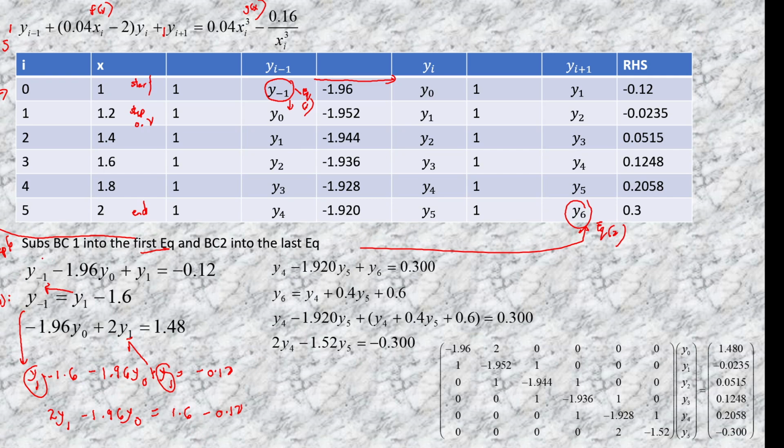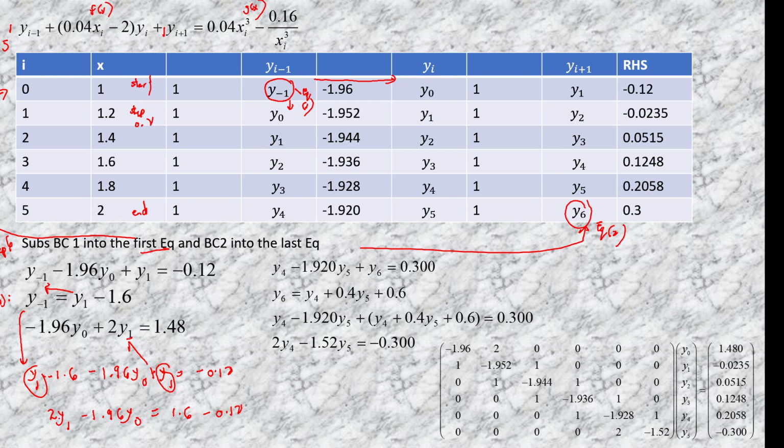From equation 1 in the table, you have 1 y minus 1. So y minus 1 you replace by y1 minus 1.6. So y1 minus 1.6 minus 1.96 y0 plus y1.